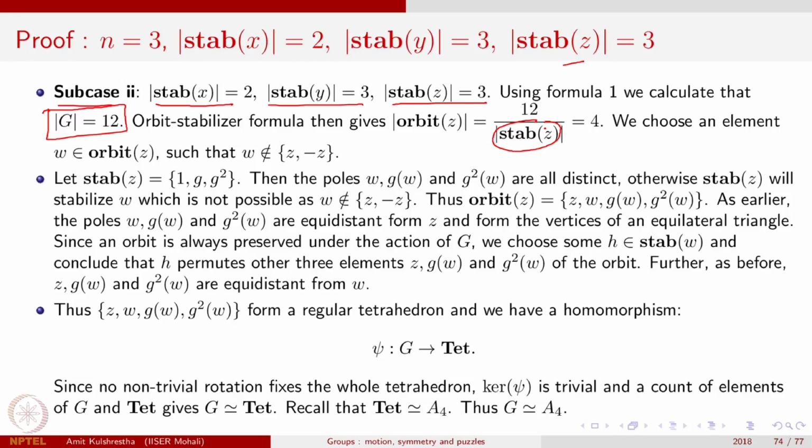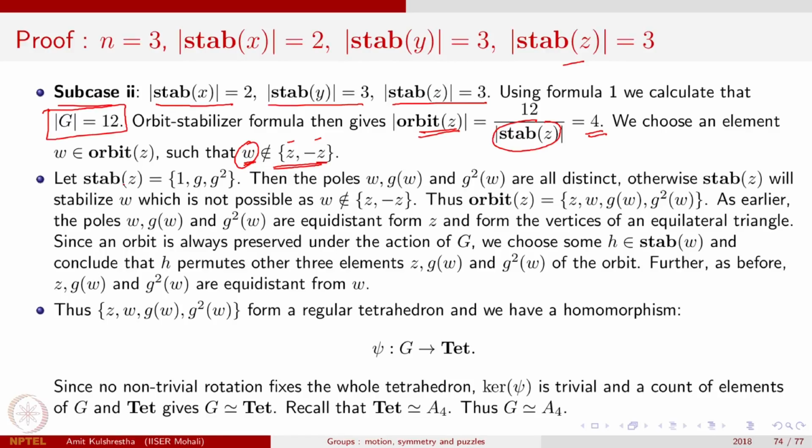Now what do we do? We pick an element in the orbit of Z which is different from Z and minus Z. We can do that because the orbit of Z has 4 elements: one is Z, the other is minus Z, and 2 more elements. So I can pick, say, W. Now I do some jugglery with all this.